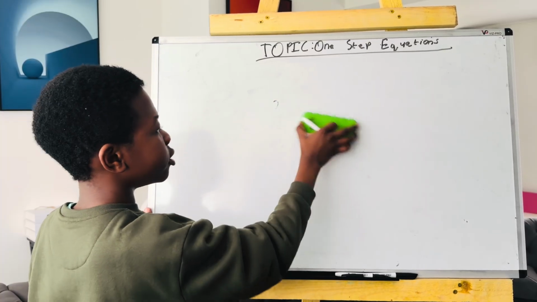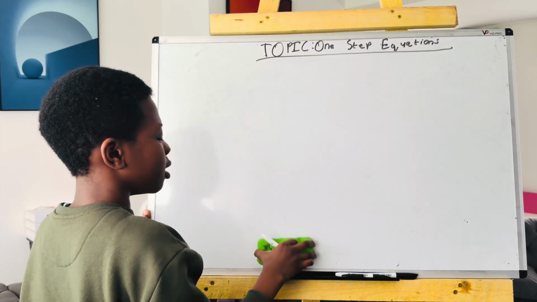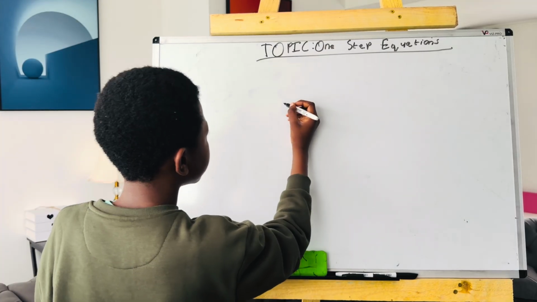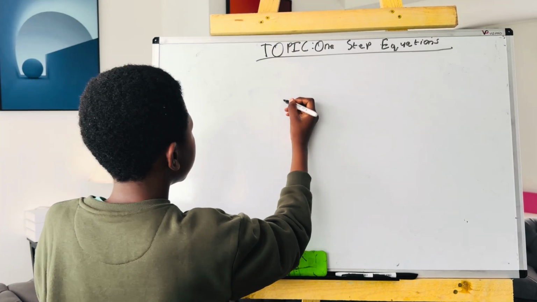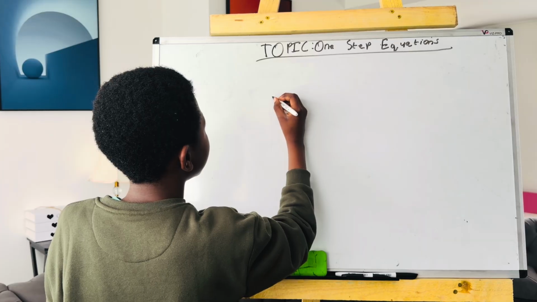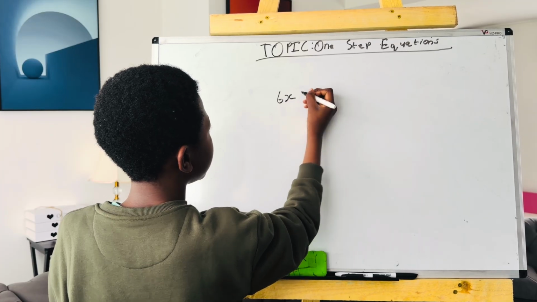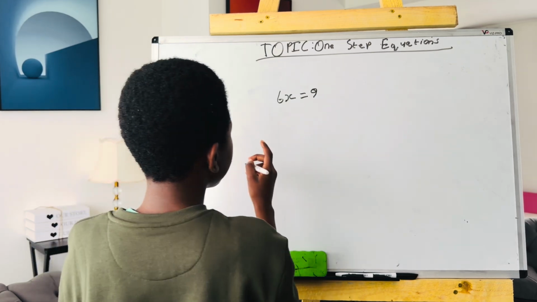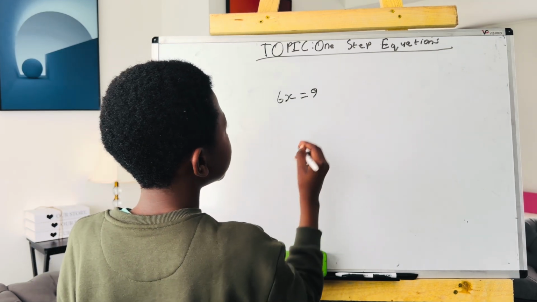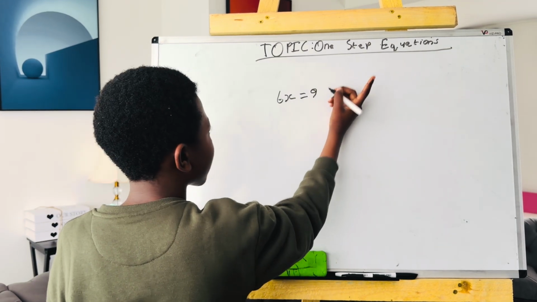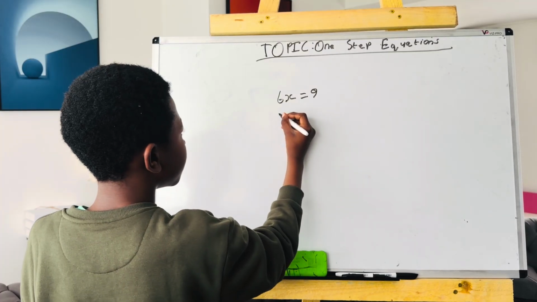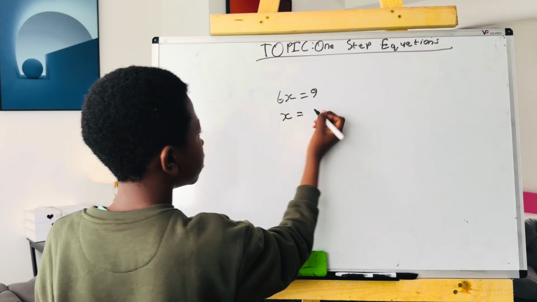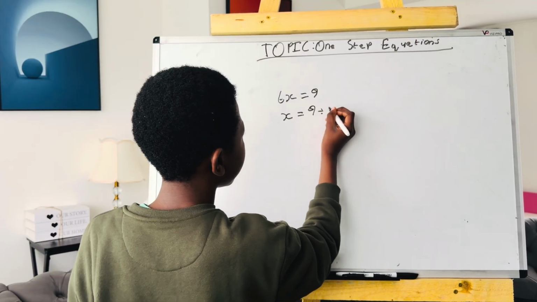With some questions, you can use a calculator if they have the symbol to allow you. So, an example, if you have 6x equals 9. Some people can't solve it offhand. There'll be a symbol that says you can use a calculator. But I'm going to use my head. So x equals 9 divided by 6.